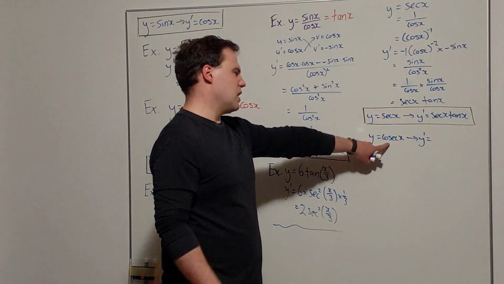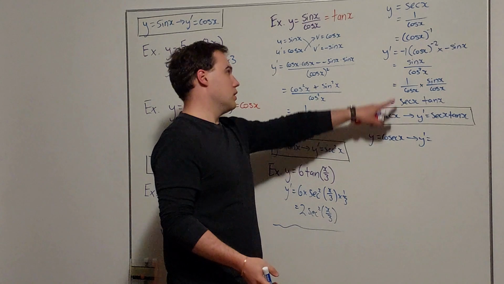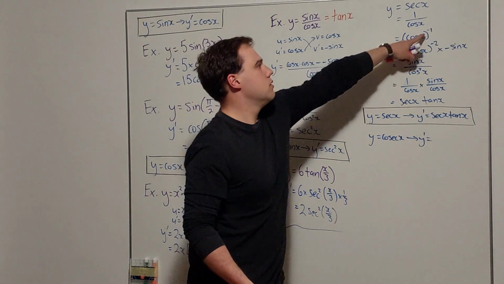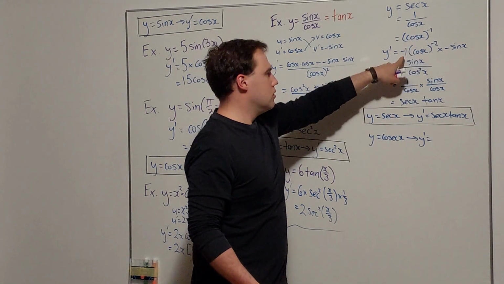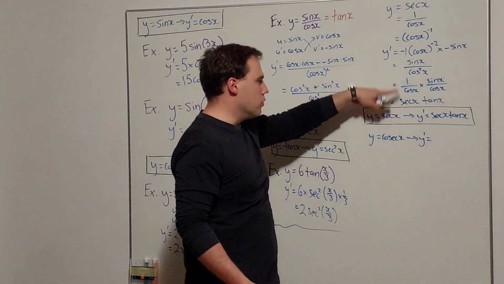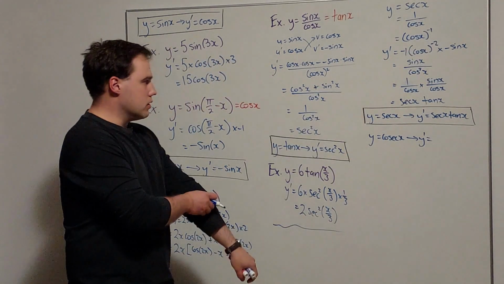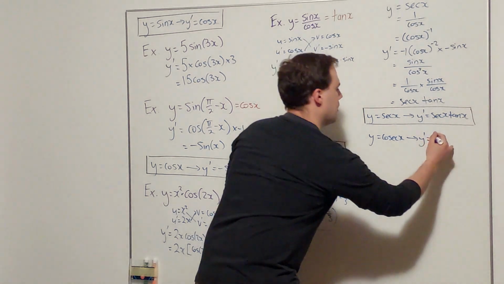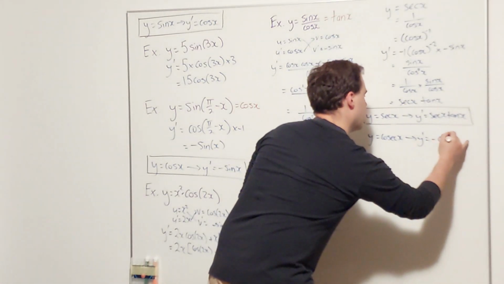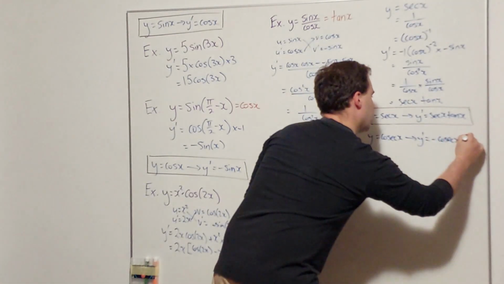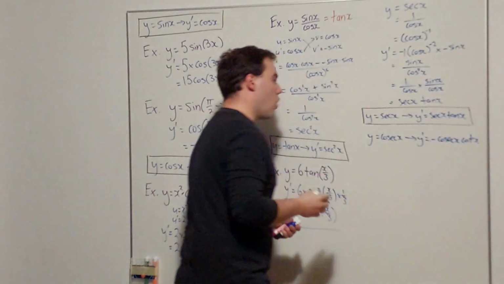You could do the exact same kind of reasoning. Cosec x is the reciprocal of sine, represent it like this, use the chain rule, and then convert it back into some other functions, and you're going to end up with negative cosec x cot x.